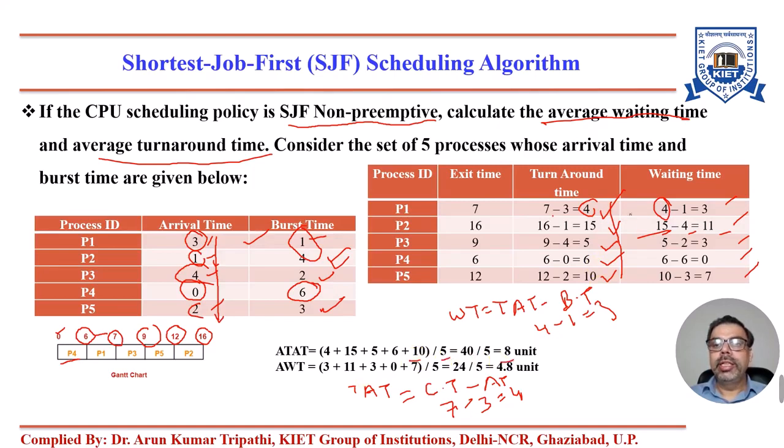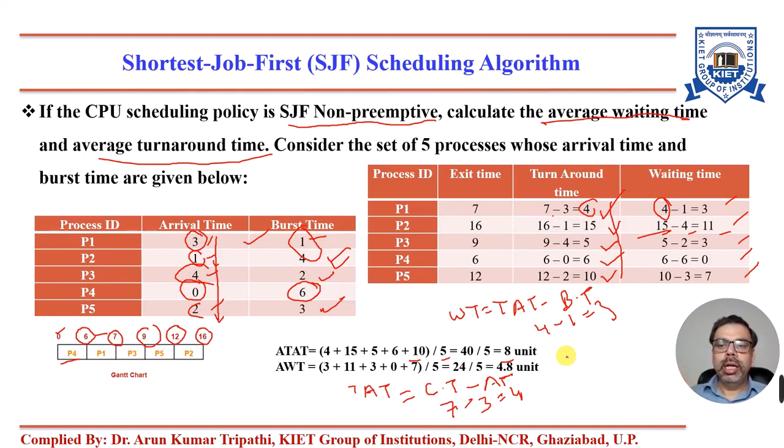So it will be 8 units. Similarly, average waiting time is the sum of all waiting times divided by the number of processes, 5. So 3 plus 11 plus 3 plus 0 plus 7 divided by 5. So it will be 4.8 units of time. So this is all about the non-preemptive SJF, that is basically known as the SJF.